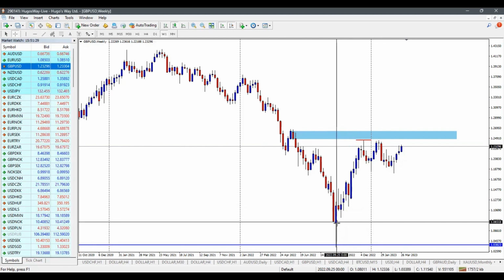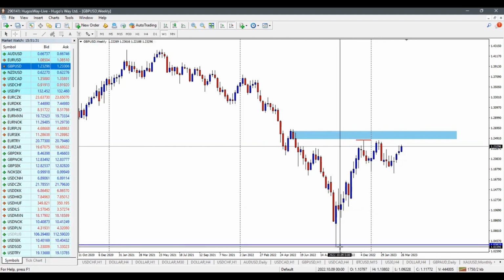So when this crash happened in September, the price superseded that low. And since then, we've had a reversal very close, in 2022, to where the supply zone started from. And we had another situation like that at the beginning of February where the price came very close to this supply zone. But we've never actually had the price go into this area.